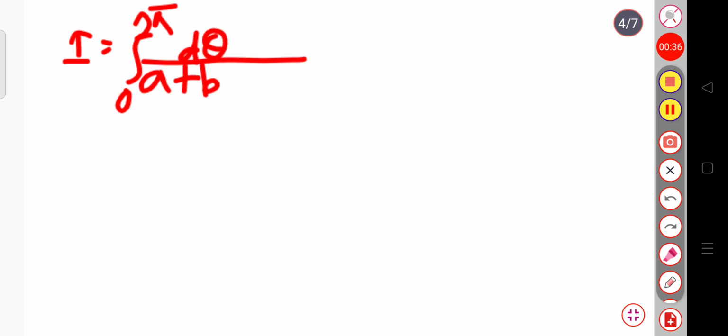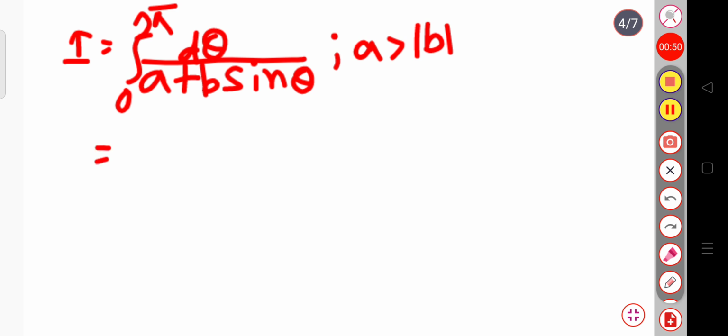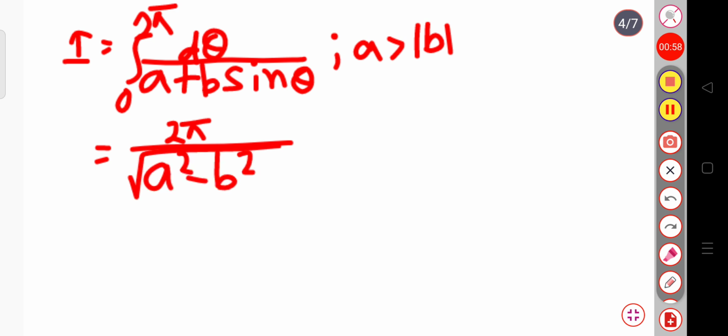We have already solved it, and the condition is that a should be greater than modulus of b. In this case the value of the integration will be equal to 2 pi divided by root over a square minus b square. We have already solved this.